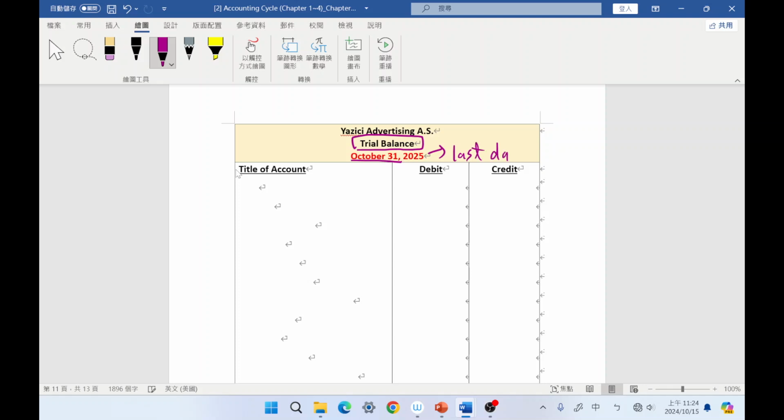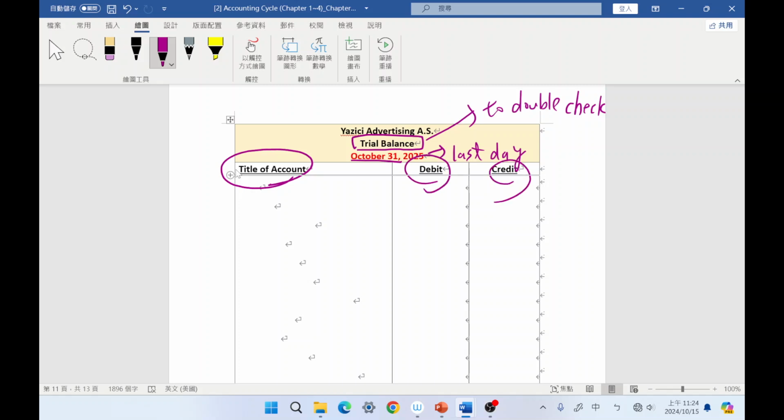We did it on last day to double check. So trial balance, we use it to double check. Okay, so you put account and don't forget we have always debit credit. So just copy the balance from your second book. Okay, copy your balance from second book and double check whether you did the right thing or not.